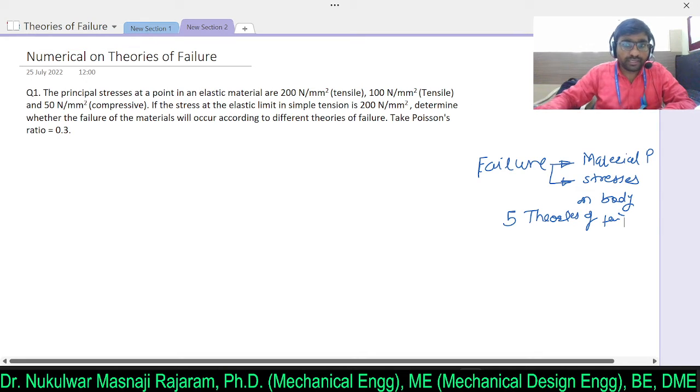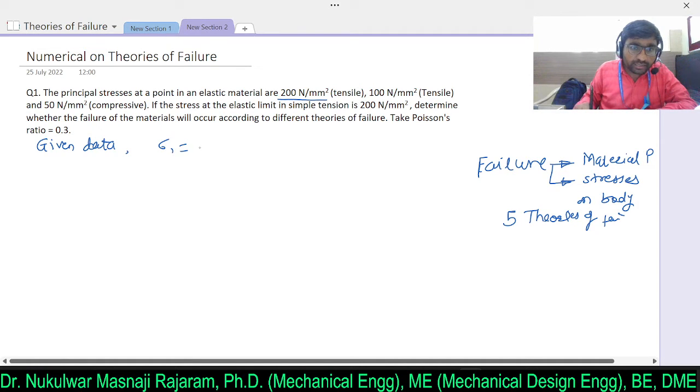First, I will read the numerical. The principal stresses at a point in an elastic material are given. So the given data: sigma 1 is 200 Newton per mm square, and it is tensile.